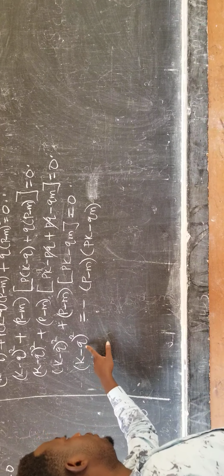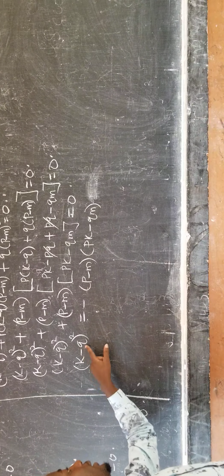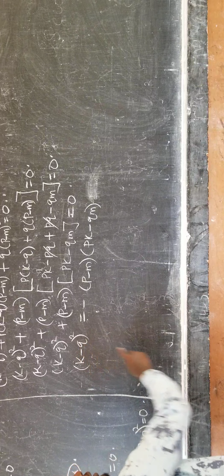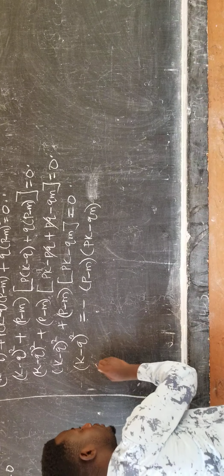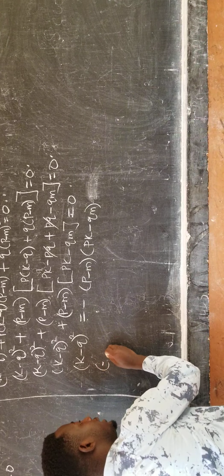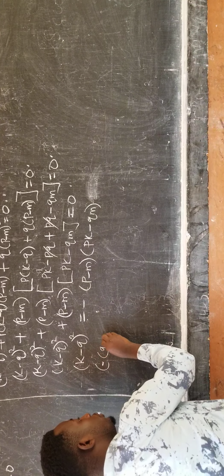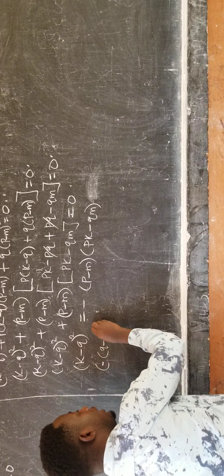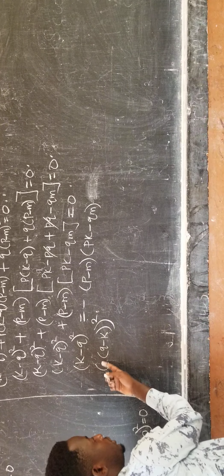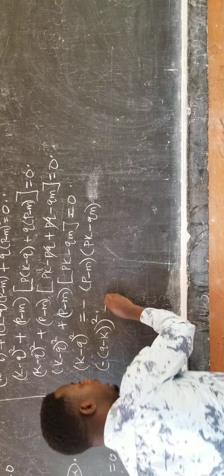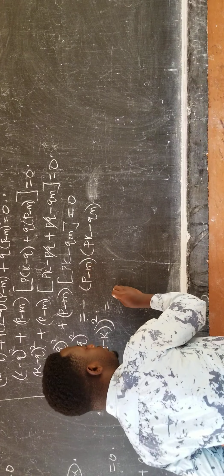Then here, remember the question wants q minus k. So I can create a negative, but since it is squared, they are the same. So I can just create a negative and say negative of (q - k) squared. This and this are the same. I've removed the negative. Here I enter the negative inside.